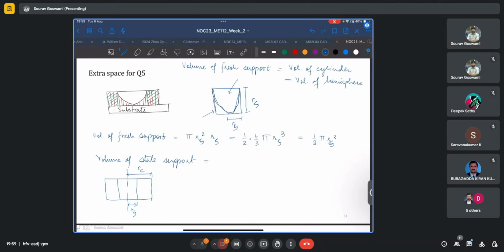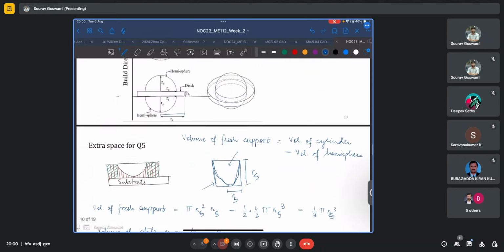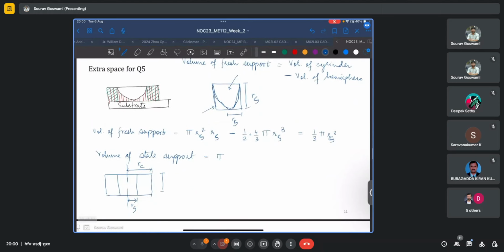And we can compute this volume as the difference between the volume of the outer and the inner cylinder. So the outer cylinder will have a volume pi RC square times the height RS, minus the volume of the inner cylinder. Maybe I should also write it. It may be of use later.